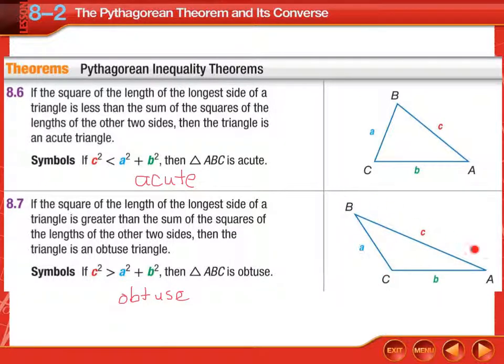So the longer this side is, the angle across it is going to be big, therefore obtuse. Where if C squared is smaller than the squares of the other two sides, then the angle opposite must be small. That means it's going to be acute. So instead of just rote memorization here, try to use a little bit of logic, and I think it will make sense.